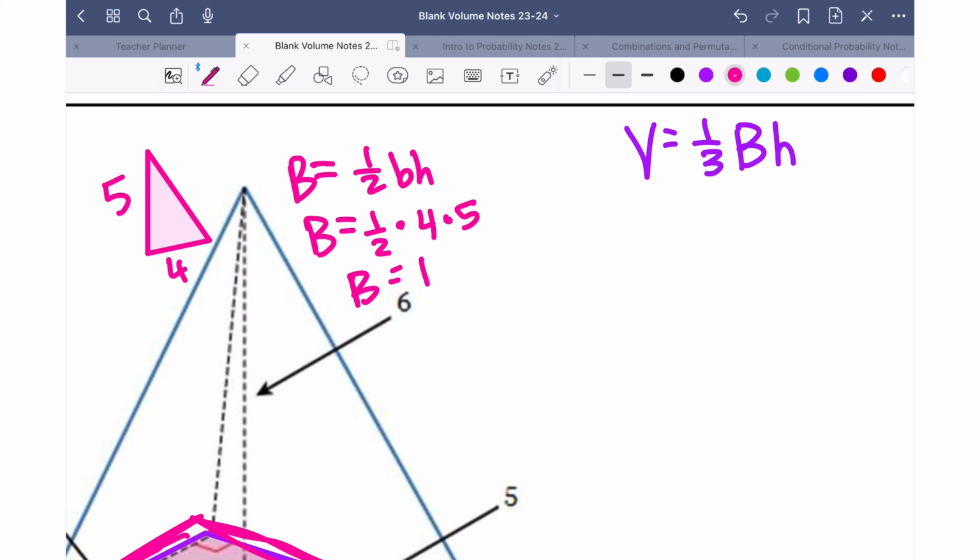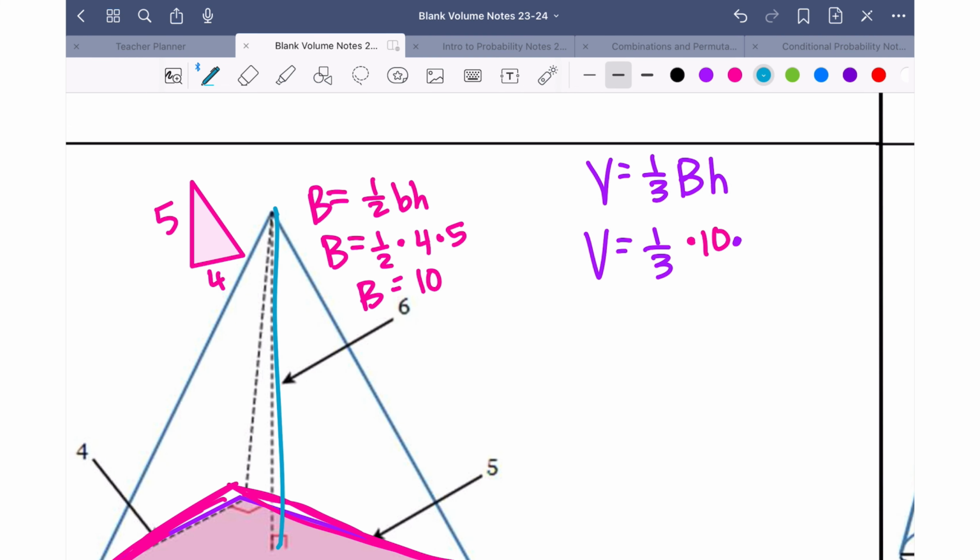So the area of your base is 10. Okay, now you're ready to plug it back into the volume formula. Volume equals 1/3 times 10 times, what's the height? It's 6 again, right here. That's how tall it is. 6.